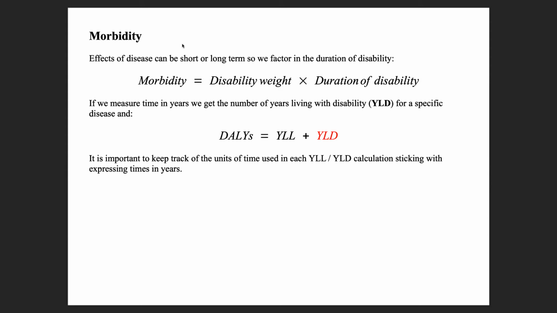And as DALYs is years of life lost plus years lived with disability, we should keep track of the units of time used in each of the YLL and YLD calculations. So in calculations, this means we express durations and times in years, or if we do them in months, we convert those months to years, and we make sure that we're using years of life lost and years living in disability.